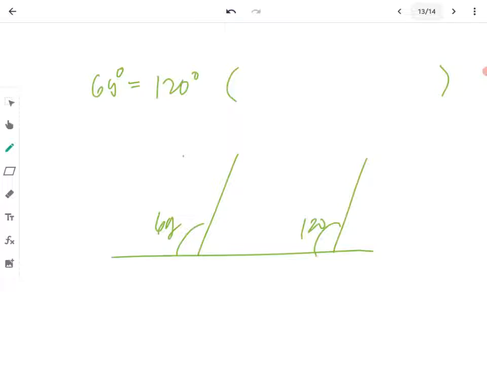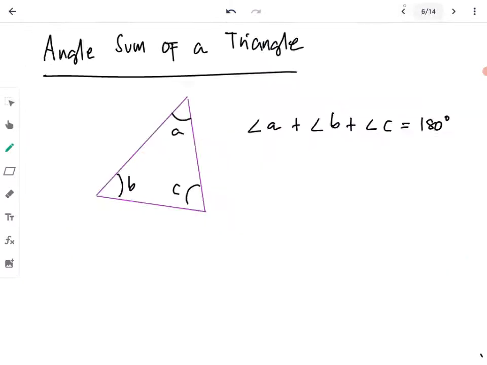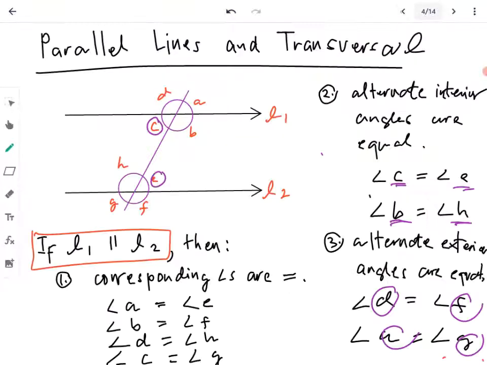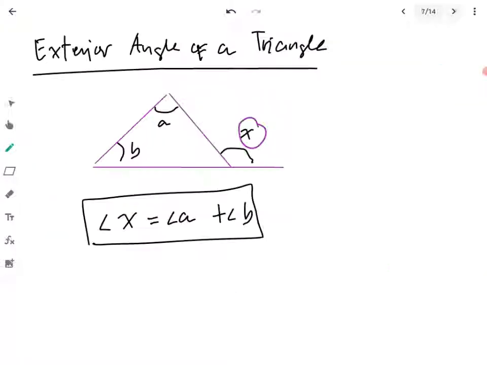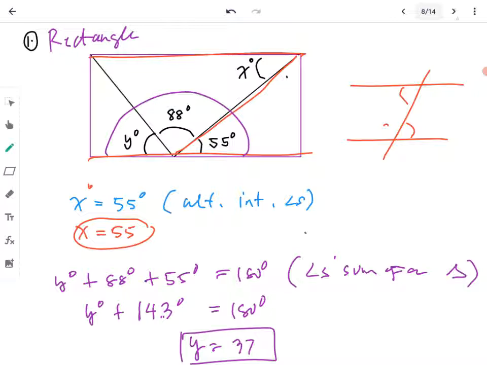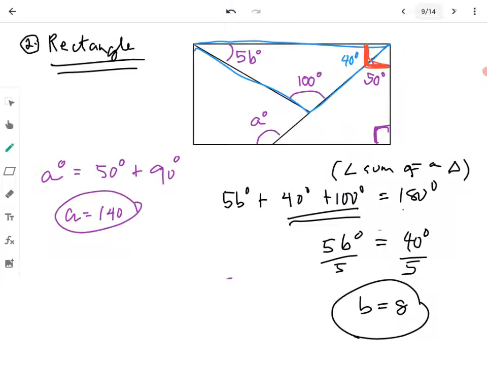So let's go back to the concept of corresponding angles to be sure. Here, they are corresponding angles, the A and the E. Again, it's just using those small concepts and trying to spot them in a bigger problem.